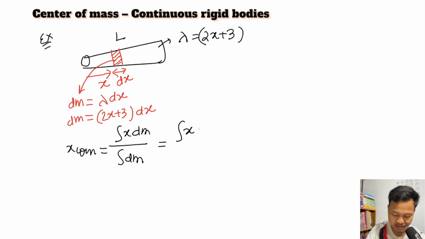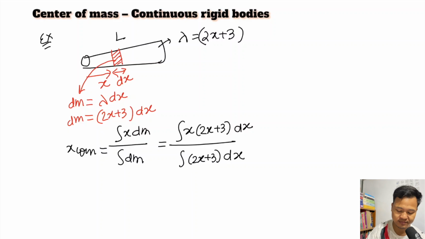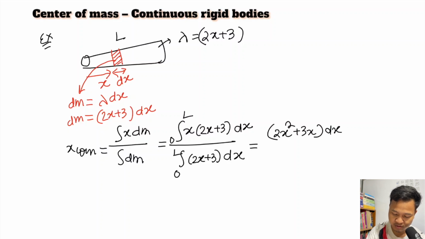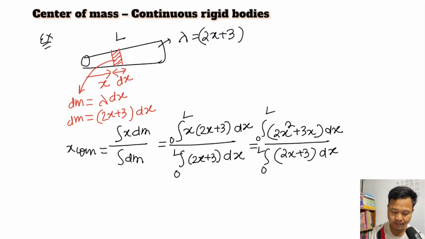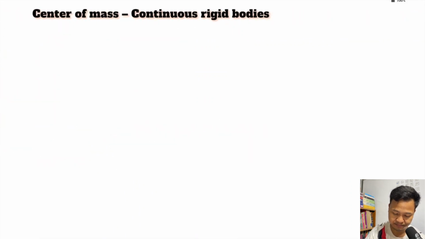So integral x into 2x plus 3 into dx, divided by integral 2x plus 3 dx, with limits from 0 to L. The integration of the numerator gives 2x square plus 3x, and the denominator is integral of 2x plus 3 dx from 0 to L. Here we integrate both.